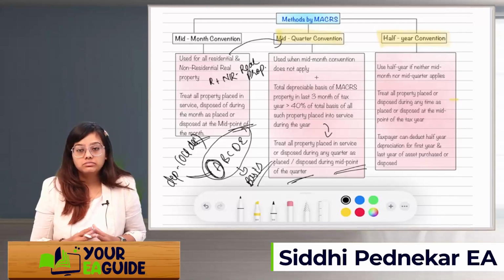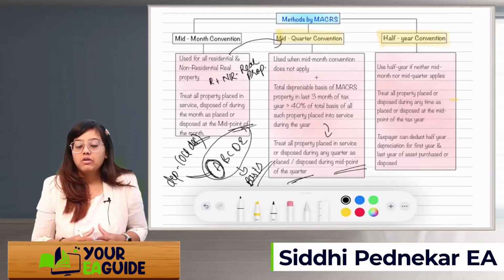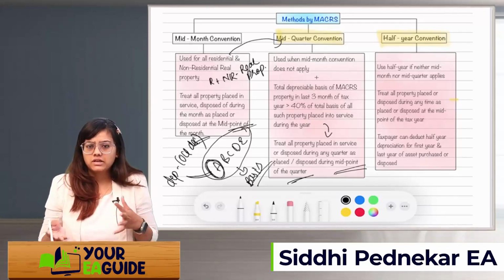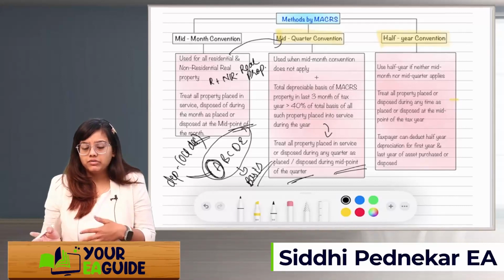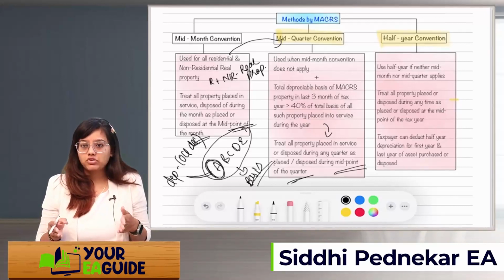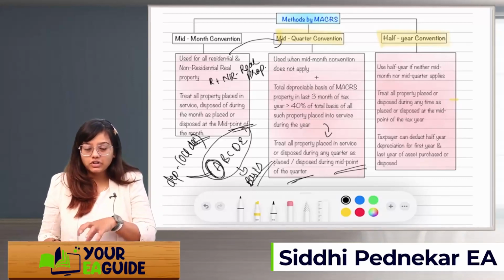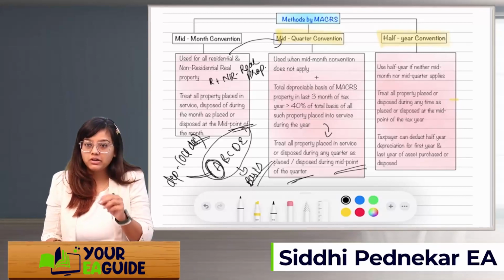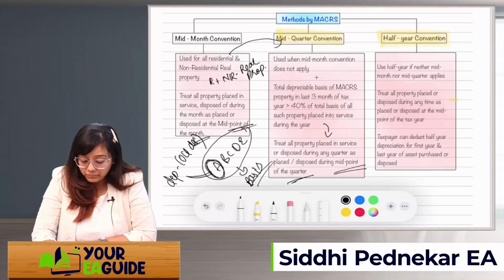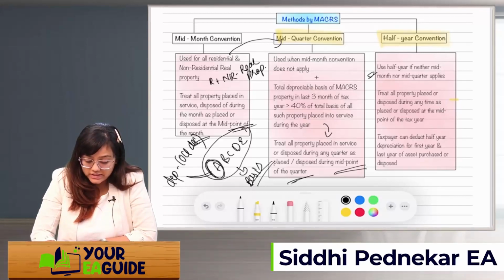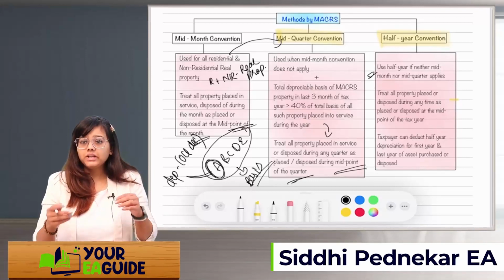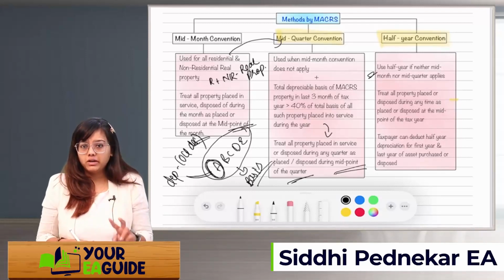Simply, the name itself says that whenever you have purchased the asset, whether it's at the start of the year or the end of the year, you will consider it as purchased in the middle of the year. It uses half-year if it is neither mid-month nor mid-quarter.